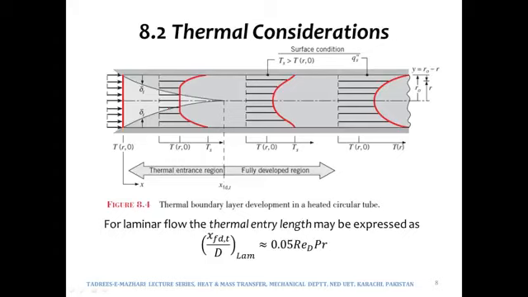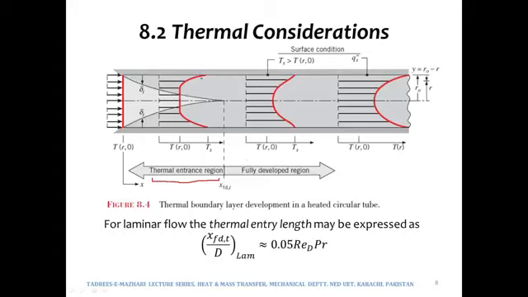So all those boundary layers would be emerging out, would be increasing in thickness with an increase in x, and then they will meet at a particular point. Now this particular point is what we call entrance region, and if we are referring to temperature, we would call this as the thermal entrance region, after which the region is termed as fully developed region.